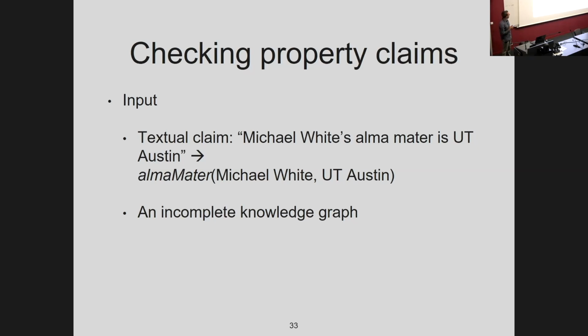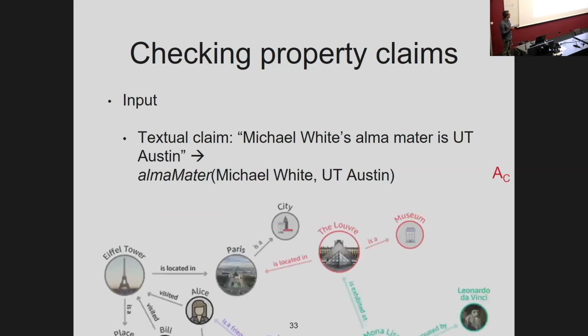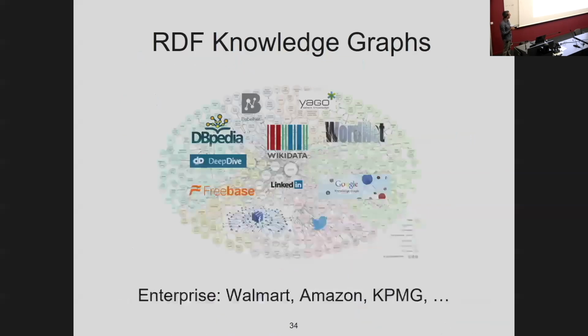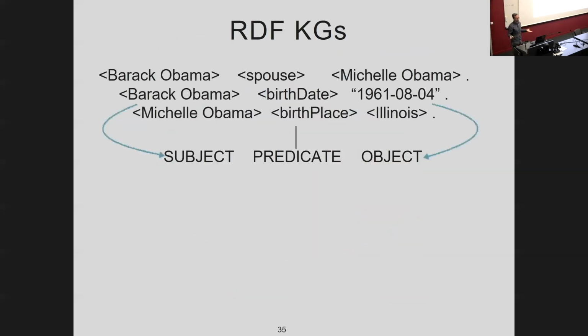I think that you have been exposed to knowledge graphs a lot yesterday, but just to remind you, this is a graph, and some of these knowledge graphs are freely available, such as YAGO, DBpedia, or Wikidata. There are many of those, and many also in the enterprise. There are companies with their own knowledge graph, but I think that Diego already told you all the things you need to know.